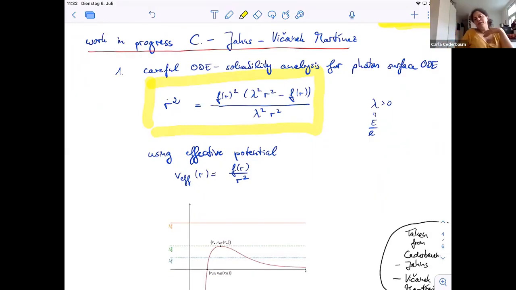And in order to study how this ODE behaves in a more generic profile, f was the function in the metric, minus f of r dt squared.